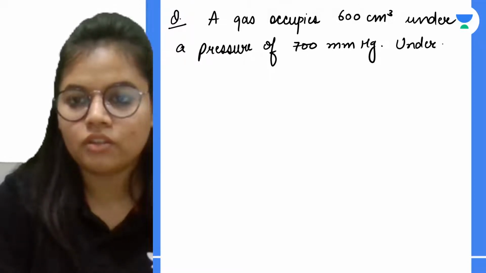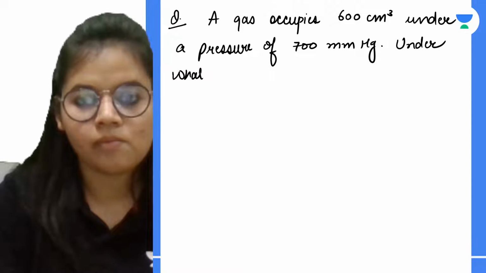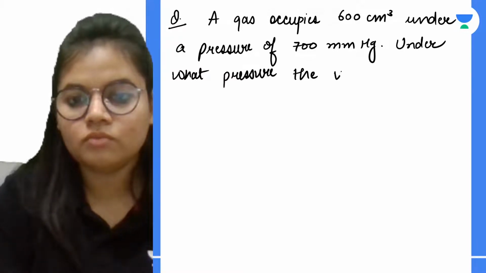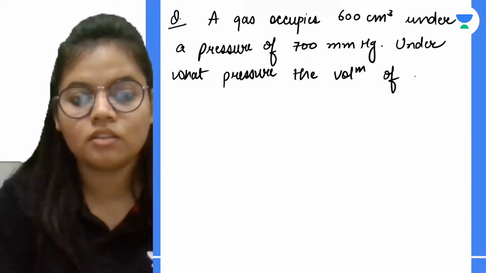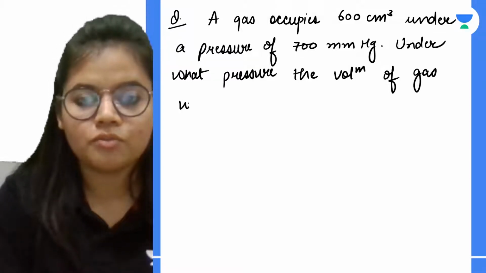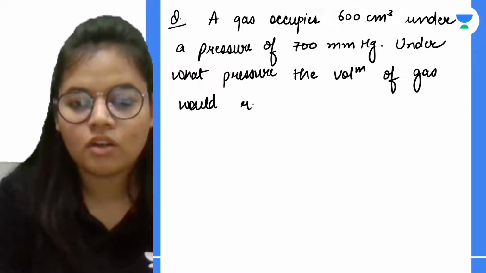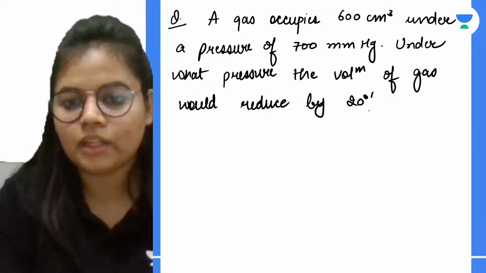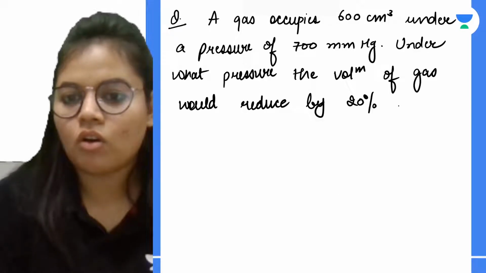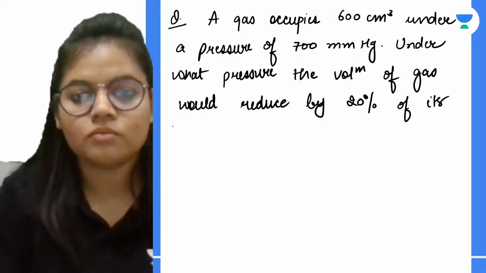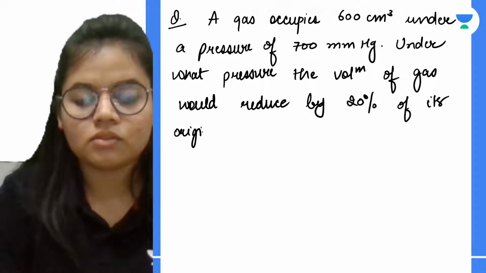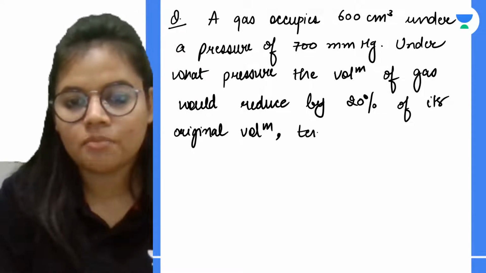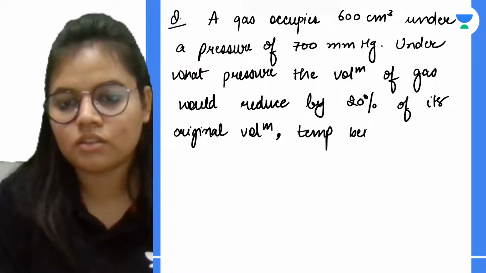Under what pressure would the volume of the gas reduce by 20% of its original volume, temperature being constant? So this is not a direct question. We will need to apply some extra math here.